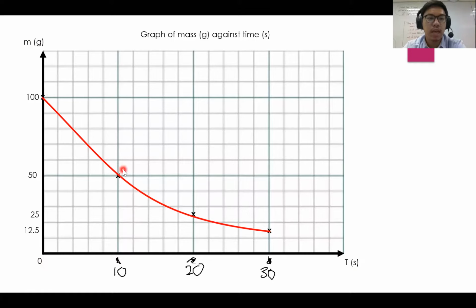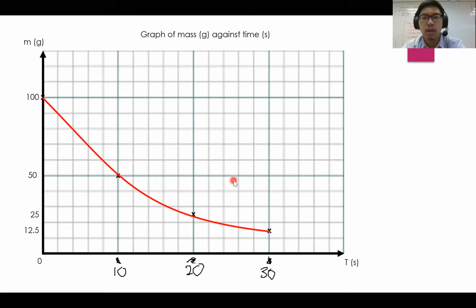When time is 10 seconds, the mass is 50. When time is 20, the mass is half of 50, which is 25. When the time is 30 seconds, the mass is half of 25, which is 12.5. So every 10 seconds for this substance, it becomes half.